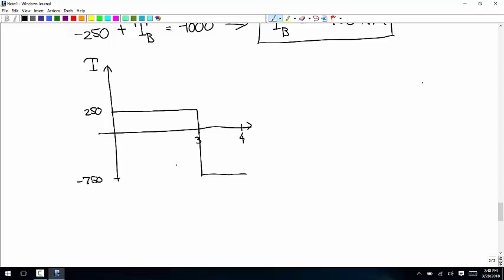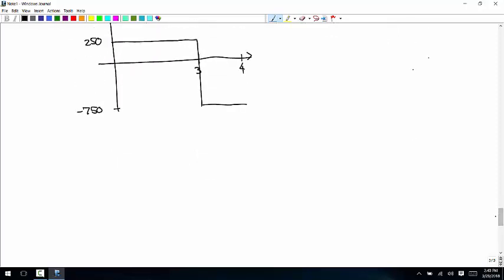And so you'd have to decide whether you want to calculate the angle of twist from the left or the right. It won't matter either way. Okay, so the angle of twist is the internal torque times the length divided by G I sub P. And we're just going to do it over those first 3 meters.